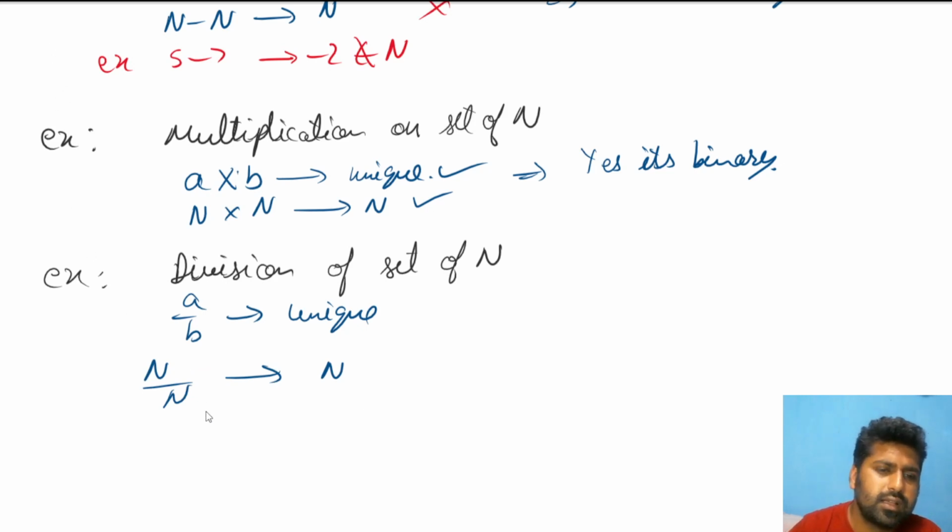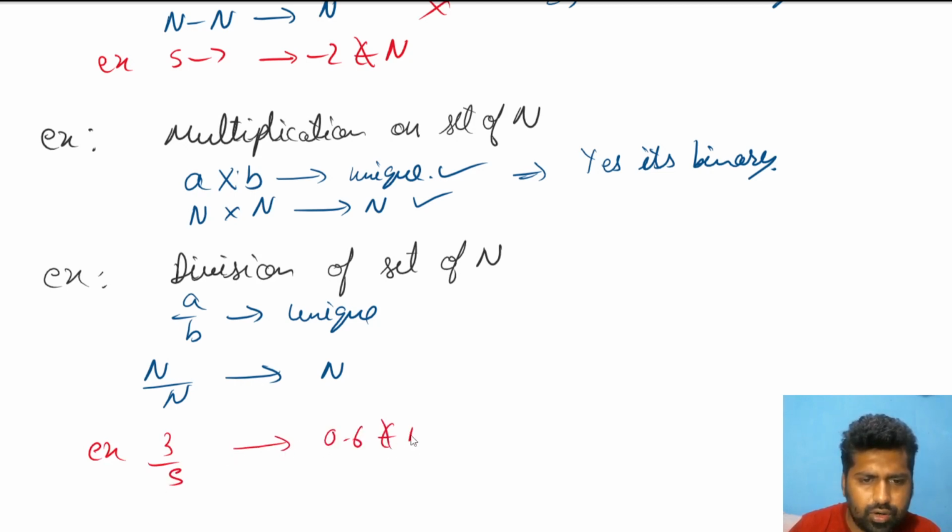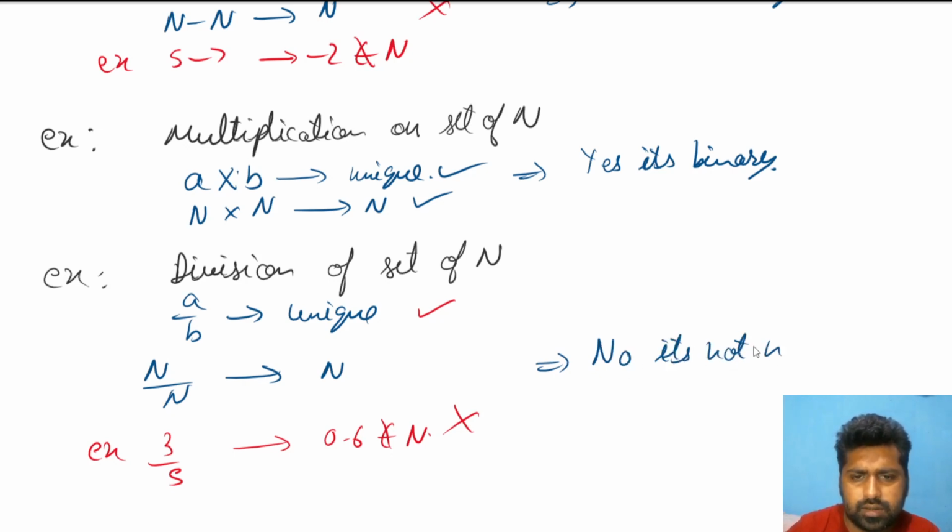Not necessarily. Again, you can take an example of like 3 upon 5, it's 0.6, definitely not a natural number. So this condition is satisfied, this is not. Both the conditions should be correct. So no, it's not binary.